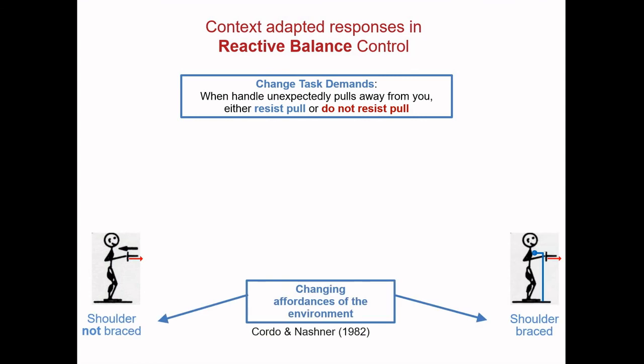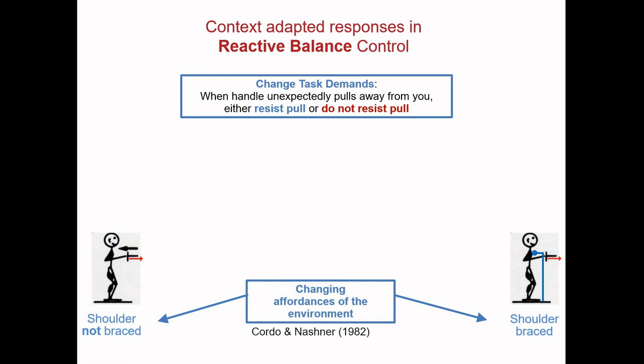Next, the experiment was performed in one of two ways. Either the task was performed while standing upright, or alternatively it was performed while the participant stood up while leaning their chest into a bar attached to the ground. In the figure on the right, we can see this second condition. The participant is resting their chest on the blue bar. The blue bar has the effect of bracing the shoulder. If the body is pulled forward, the contact of the chest with the bar will stop the body from swaying forwards.